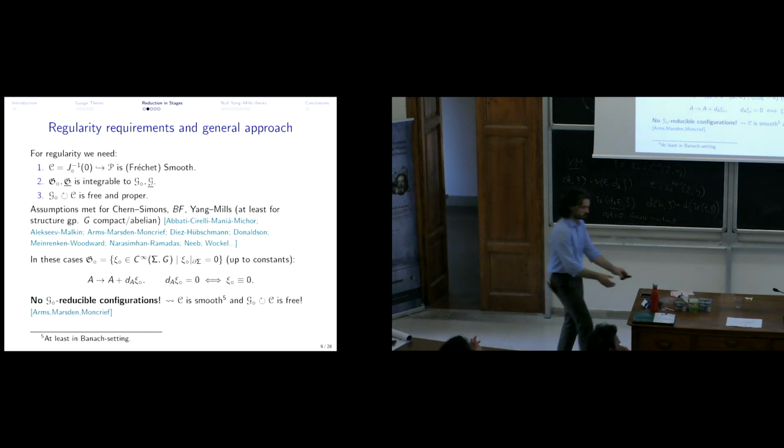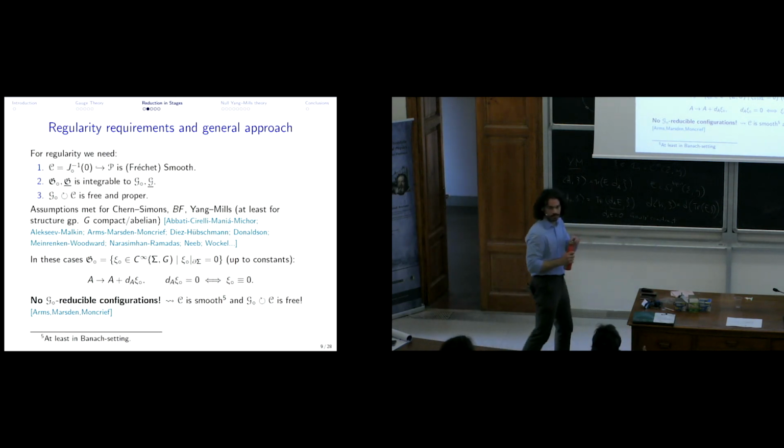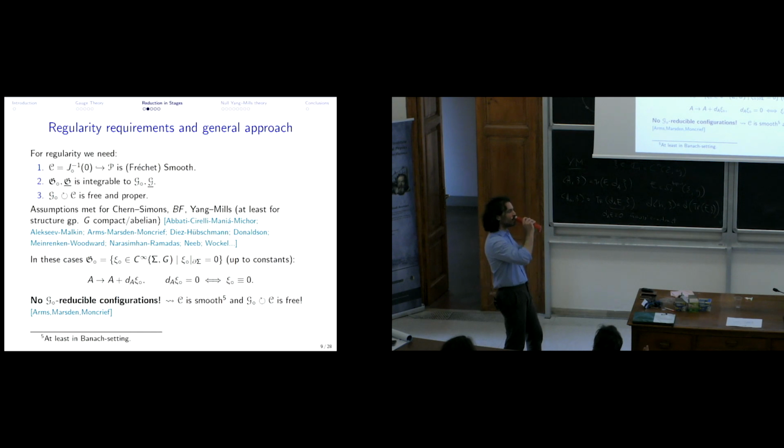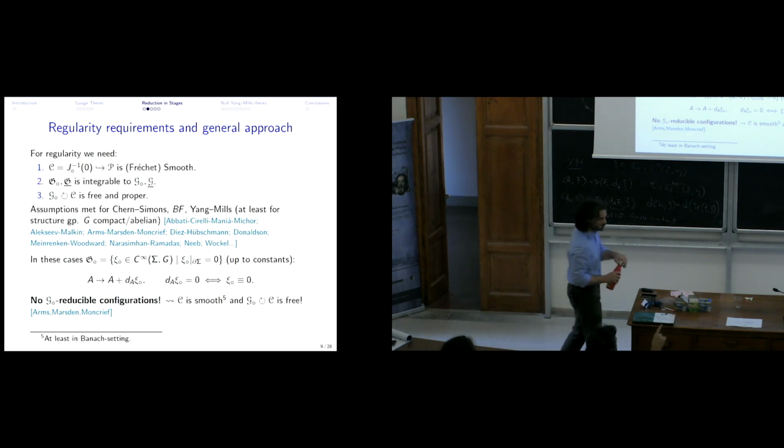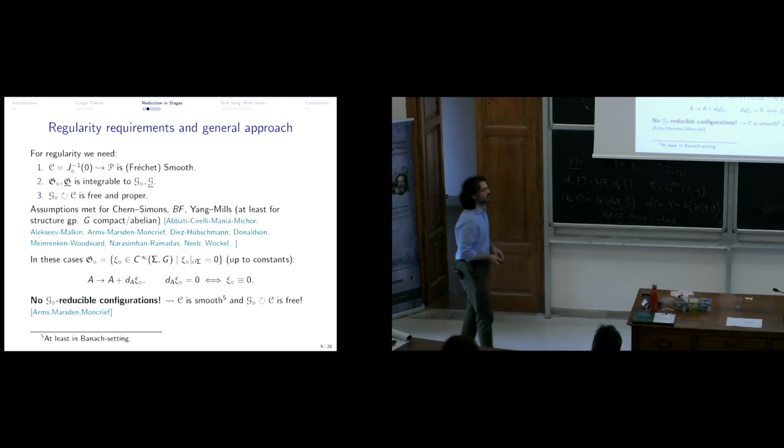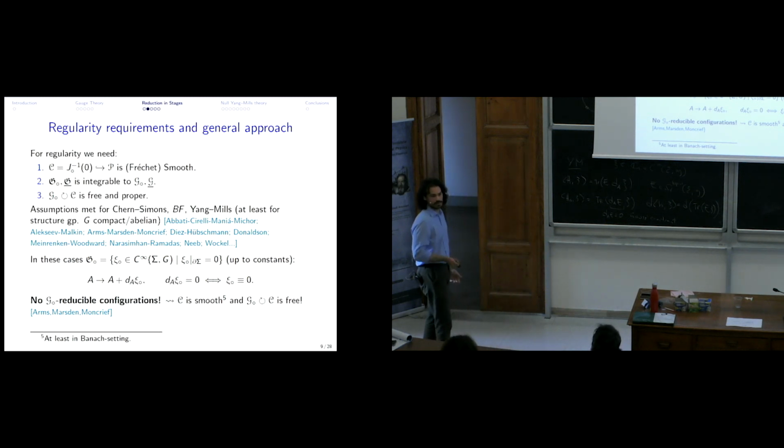Yeah. You know, sometimes in gauge theory people work with Sobolev spaces too. Is there a reason why you would prefer the Frechet? I think the problem with Sobolev is that when you add a derivative, you need to go off the, right? So Frechet is more natural because you can work with smooth functions.